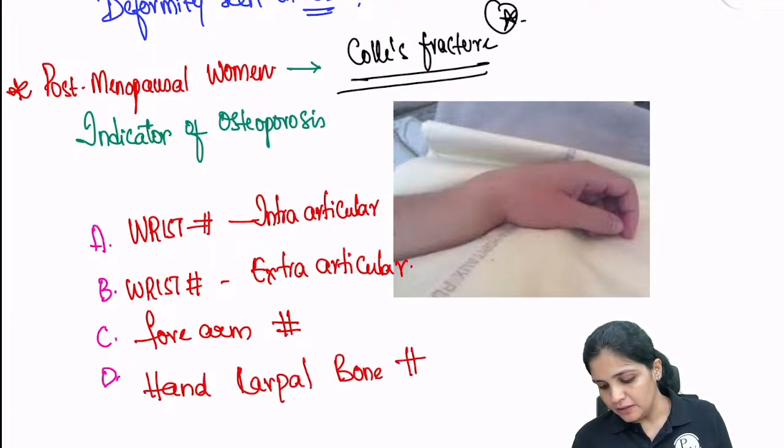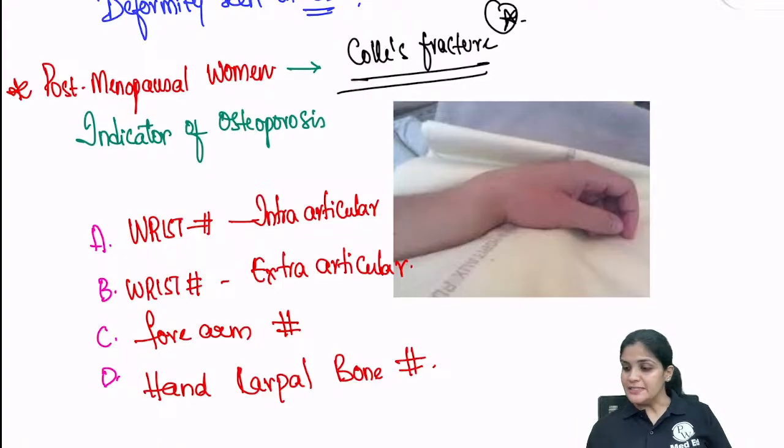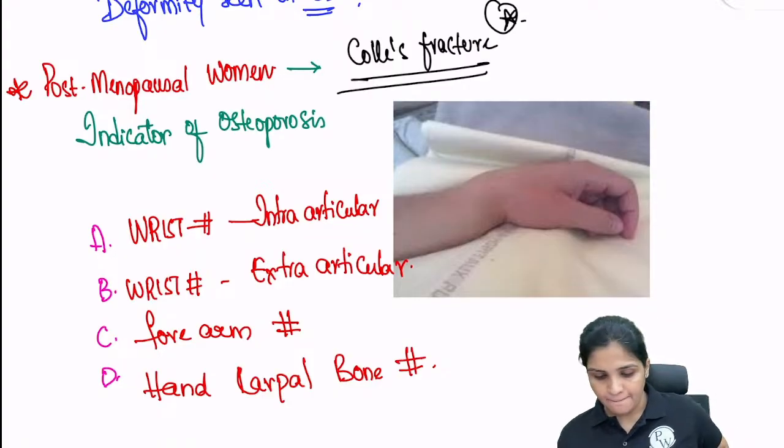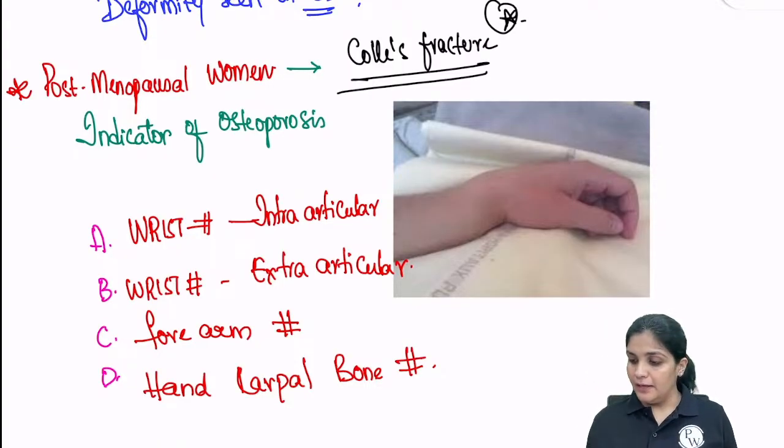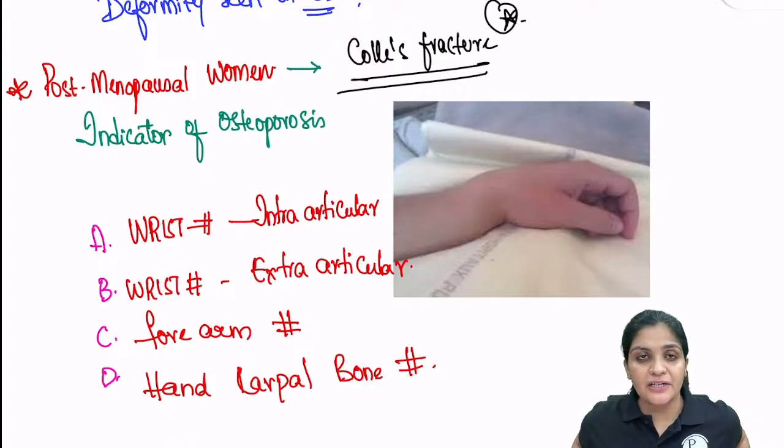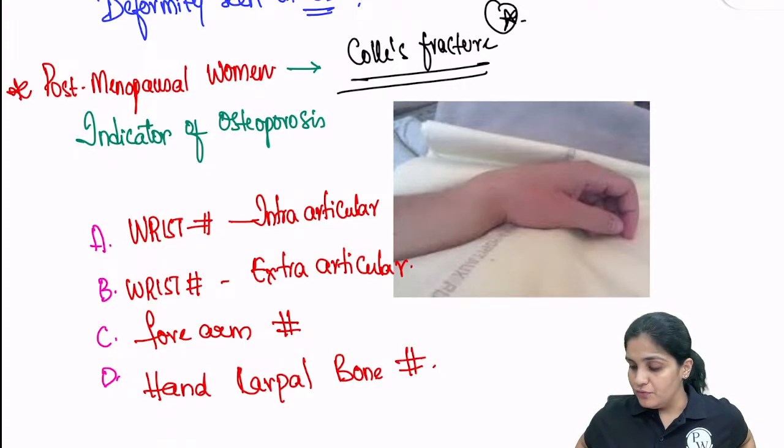So these were the options. What is the answer? A, B, C, D. Is it a wrist fracture, intra-articular or extra-articular, a forearm fracture or a hand carpal bone fracture?